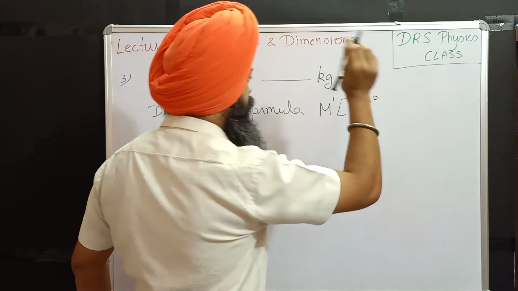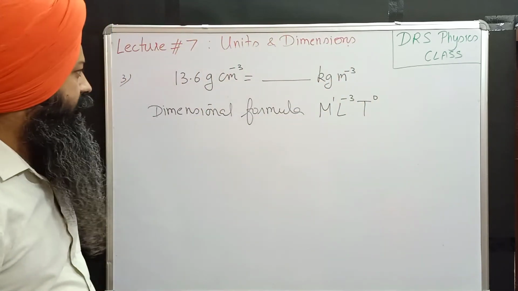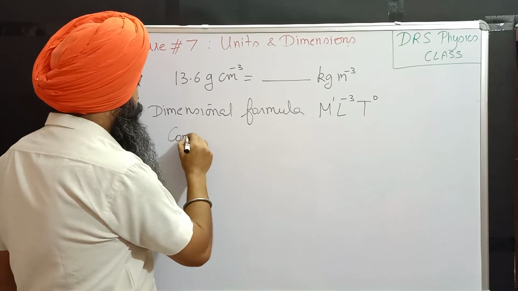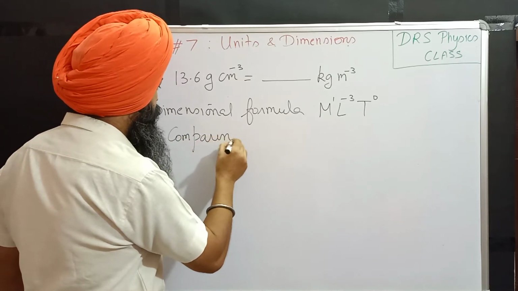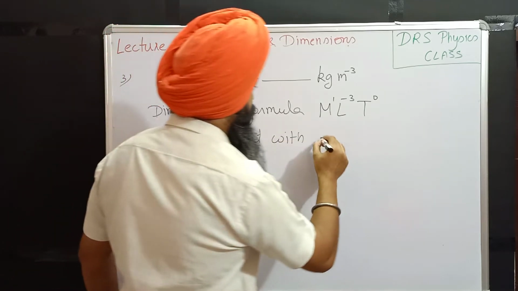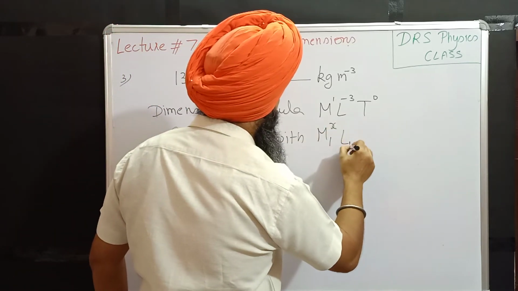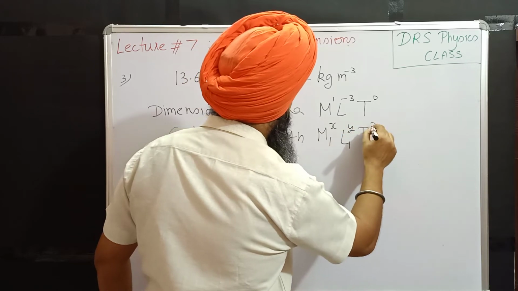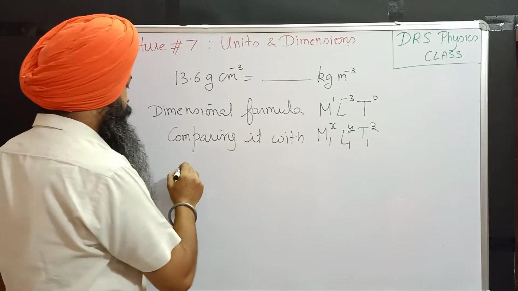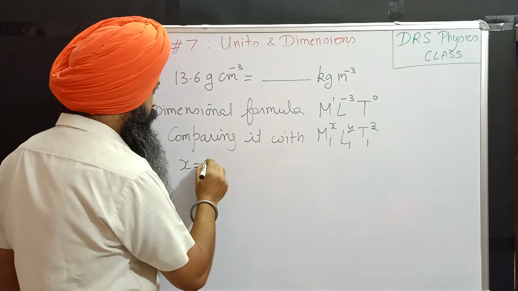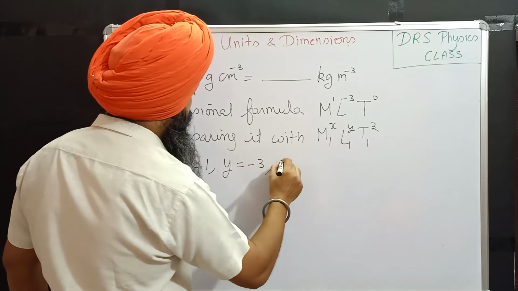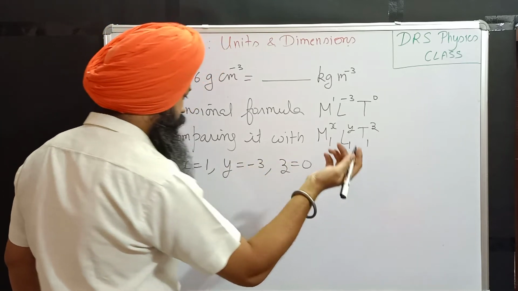Time is 0, it has no dimensions in time. Comparing it with M1x, L1y, T1z, X is equal to 1, Y is equal to minus 3, and Z is equal to 0.